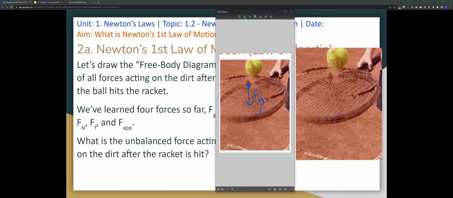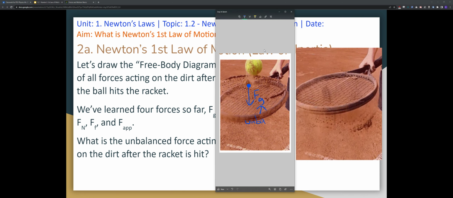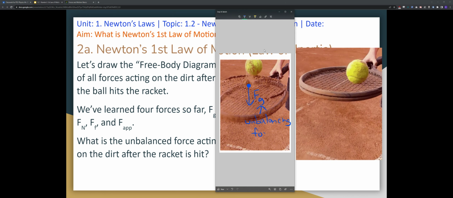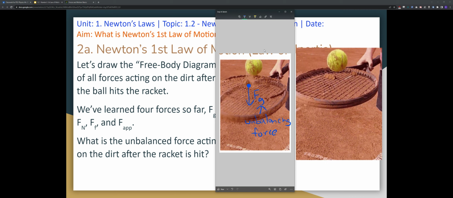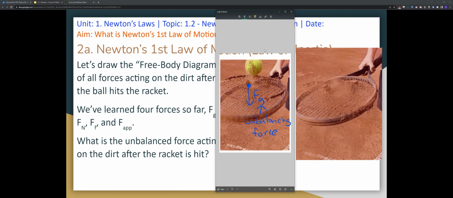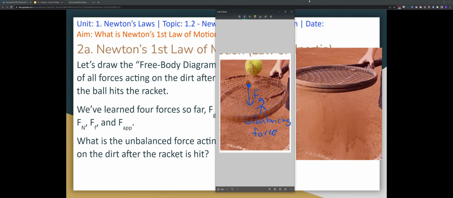And so my force due to gravity is my unbalanced force. Nothing is balancing it, right? Nothing is holding this earth up, which means that this dirt is now free to fall after the ball hits the racket. And the dirt starts falling because there is an unbalanced force acting on that dirt.